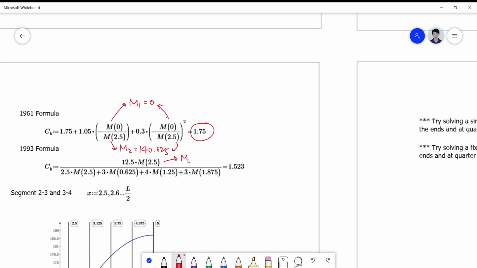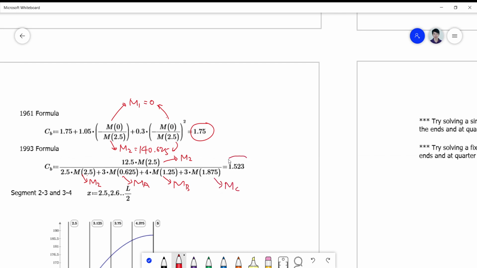Now if I use the 1993 formula, I put here my M max, which is M sub 2. So I put in here my MA, I put here my MB, I put in here my MC, and I put here my M max, M2, MA, MB, and MC.